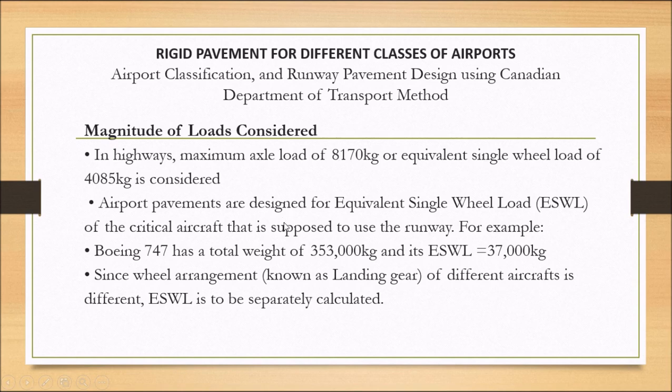Airport pavements are designed for equivalent single wheel load, also known as ESWL, of the critical aircraft that is supposed to use the runway. For example, Boeing 747 has a total weight of 353,000 kg and its equivalent single wheel load is equal to 37,000 kg.